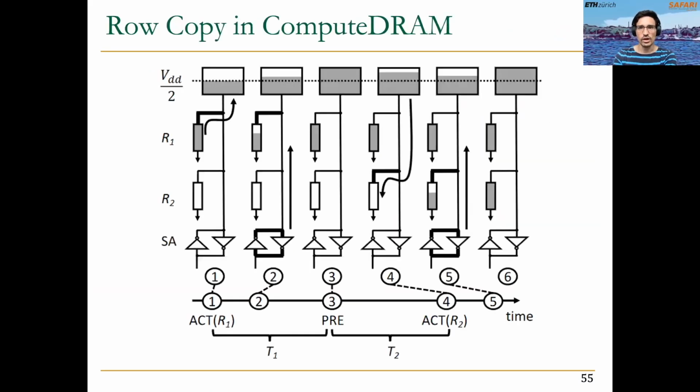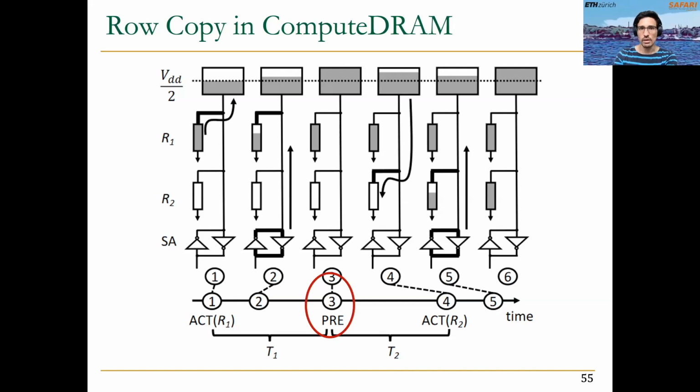Let me very briefly show you what they do in order to do this RowClone or row copy operation inside the same chip, inside the same DRAM subarray. What they do is playing with these timing parameters between the activation and the precharge commands.